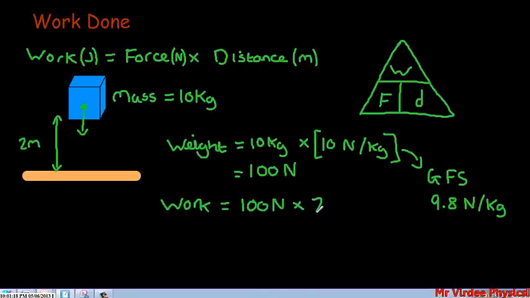So 100 newtons times 2 meters gives us 200 newton meters, because that's another thing you can use for work, or we can also say 200 joules. So when it falls, this box is doing work to the surroundings, 200 joules worth of work. That's the amount of energy that's being transferred.